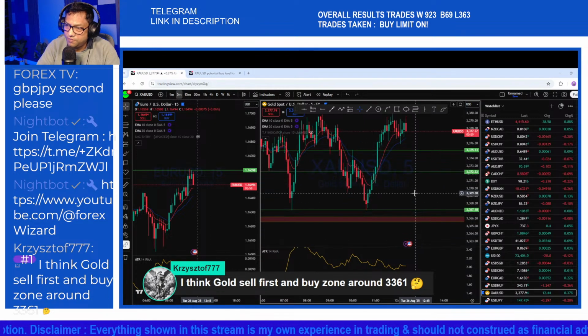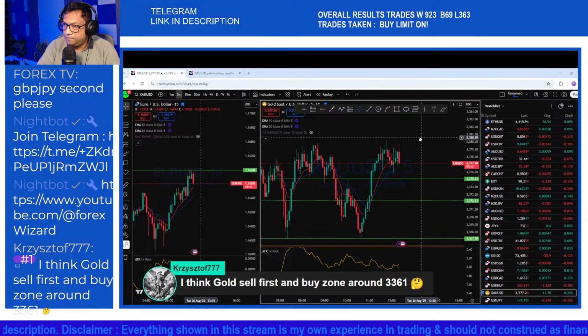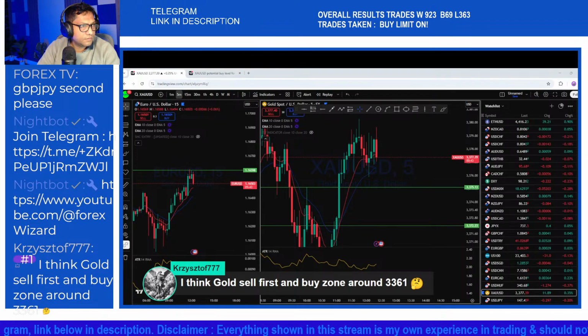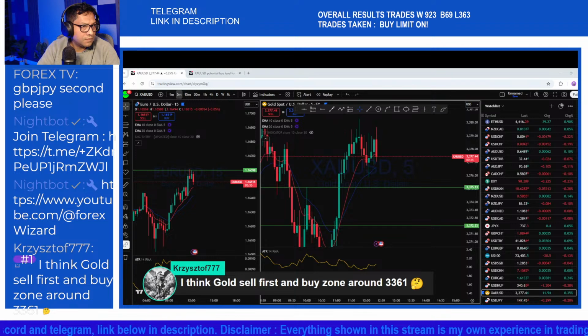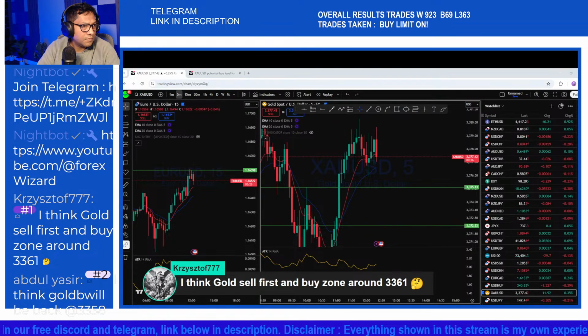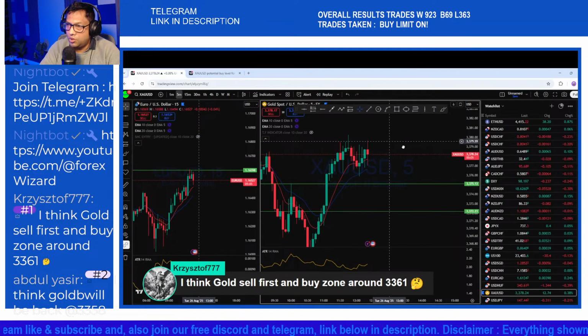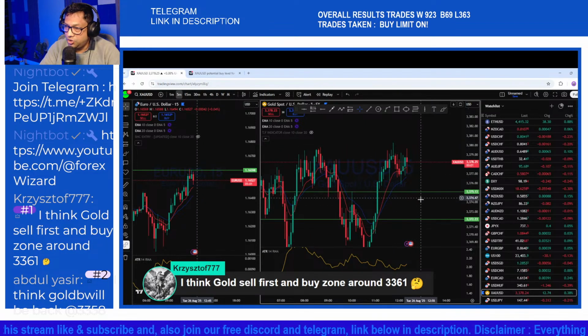Yeah, so slowly it's trying to build that pressure back below. So you can see there is a long wick candle in that area, and from this high, that long wick candle could potentially come back here to this support level.